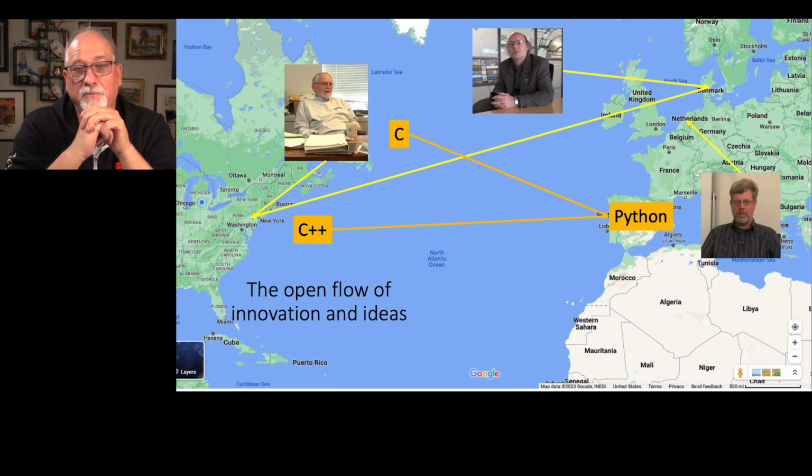Bjarne Stroustrup went to school in Denmark and started working on C++ in Denmark, but then was hired to go to Bell Labs in New Jersey, where he worked for a number of years with Dennis Ritchie and all the folks at Bell Labs that gave us Unix and C over the decades. And so C++ kind of came to the world from Bell Labs, from Murray Hill.